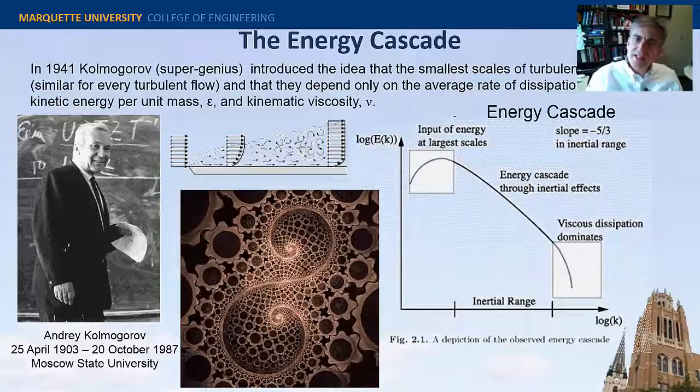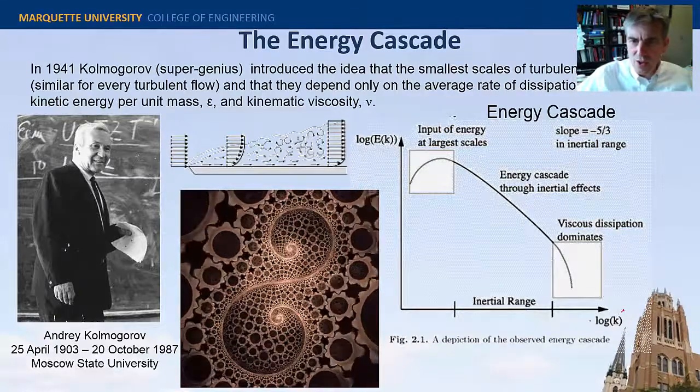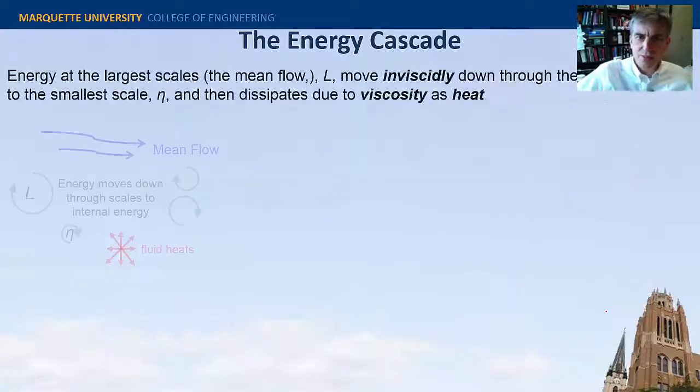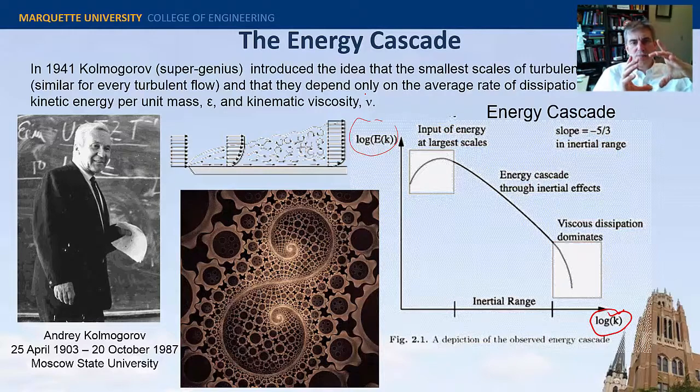Here's another way to state his idea. This is a plot of log k, so that's scale length, and then the y-axis is energy. So you can think of a big eddy turning as having more energy maybe than a small eddy turning at the same angular rate.